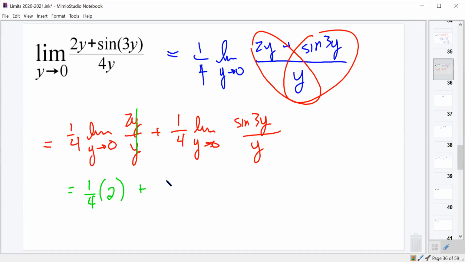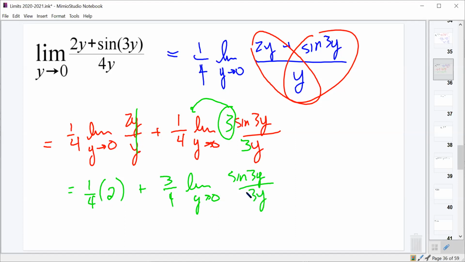And then the second one, we've got 1/4, and then we've got the limit as y approaches 0 of sine 3y over y. So what does the denominator there need? 3y. And so then we multiply the top by 3. Yep, we multiply top and bottom by 3, and then that 3 that's in the numerator, we'll just throw it out here. So that becomes 3/4 the limit as y approaches 0 of sine 3y over 3y.